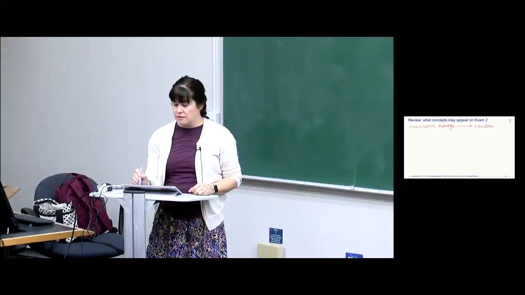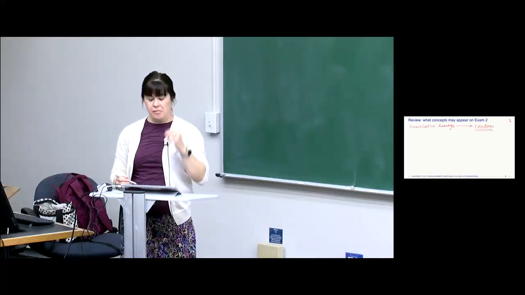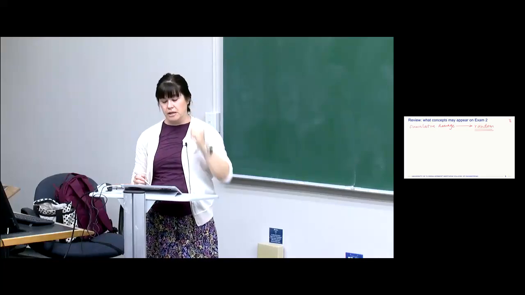So if we can identify the character of stress fluctuations and implement a counting method like the rainflow method, then we can implement something like a cumulative damage theory.